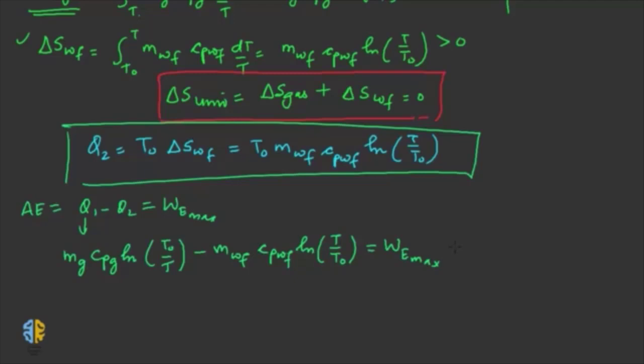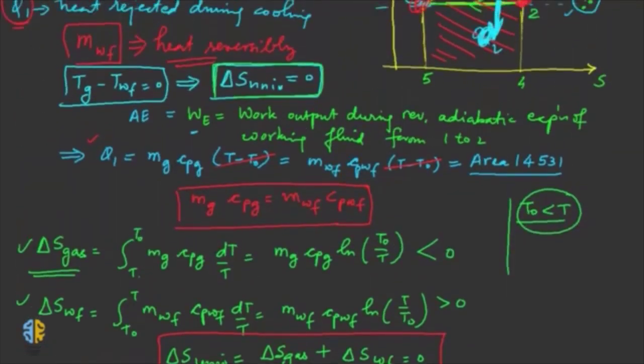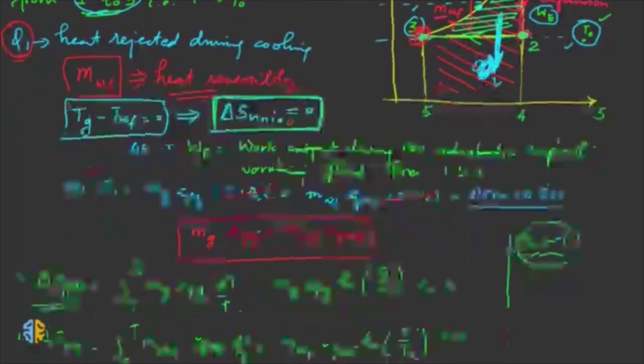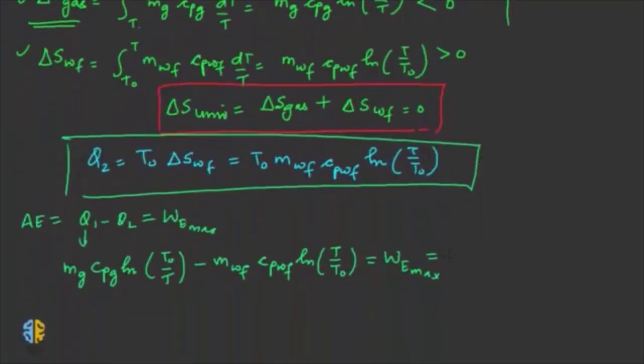So this is what you get. Now this area, that is WE max, is area 1, 2, 3, 1. So this is the area which gives you the maximum amount of work output.